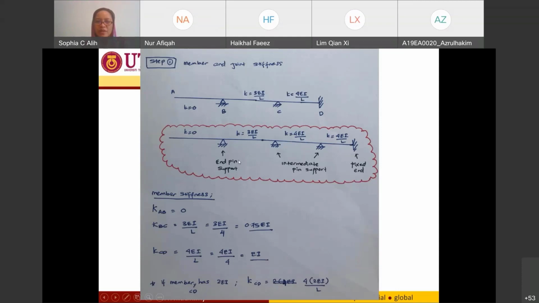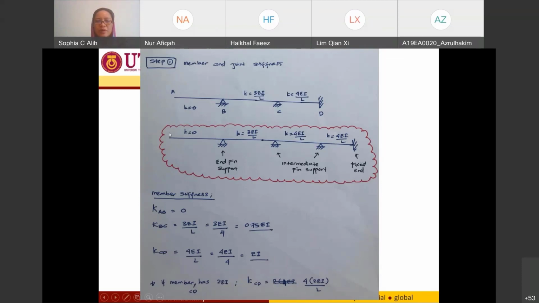And if the member is supported by one end pin and one intermediate pin support, the stiffness is going to be 3EI over L. And if the member is supported by two intermediate pin supports, then K equals 4EI over L. And if the member is supported by one fixed end, then it's also going to be 4EI over L. So this is the member stiffness that you have to first calculate.